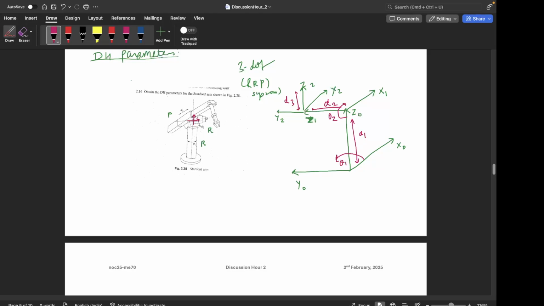So that is one thing. And finally, the third axis, that is this prismatic joint axis, right? That also intersects, right here. So basically, all three joint axes are intersecting. So Z2 and Z1 intersect here, and Z1 and Z0 intersect here, right?